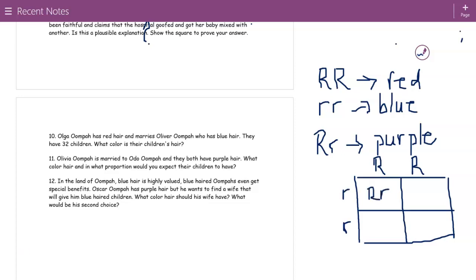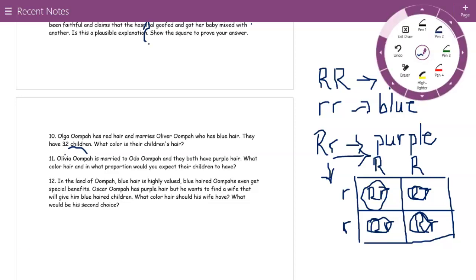Their children are all going to be heterozygotes. Okay, their kids are all going to have purple hair. I don't care if they have 5,000 children. They all have purple hair. Okay, because you're crossing a homozygote with a homozygote, you get all heterozygotes. This is incomplete dominance. So when you have the heterozygous condition, you get purple hair.